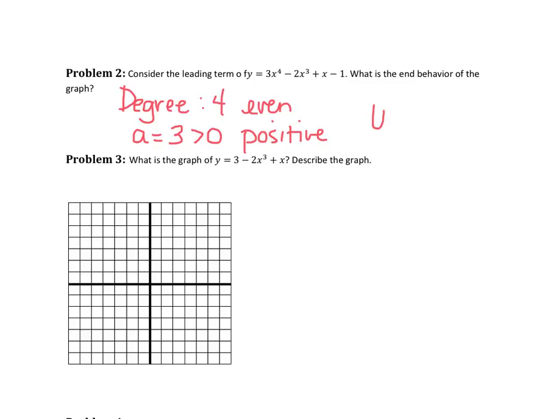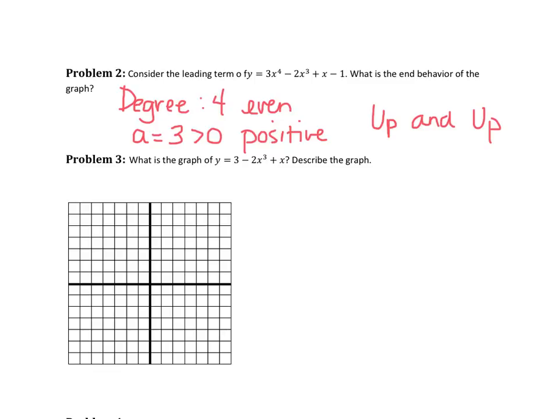So our end behavior is going to be up on the left and up on the right. Great. So that's not too bad. So always just figure out your degree, look at your leading coefficient, and you should be able to come up with that.